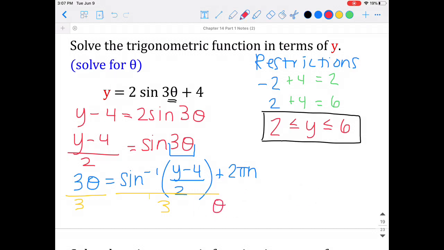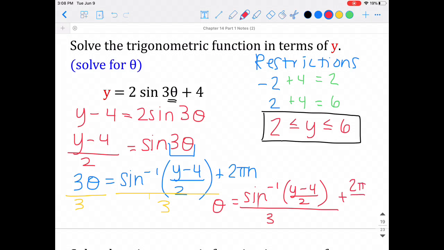So we have theta equals inverse sine of (y minus 4) over 2, all divided by 3, plus 2 pi over 3 n. And there is another way to write this. I'll show you that in the next problem. But this is your final equation solved for theta with your infinitely many solutions.